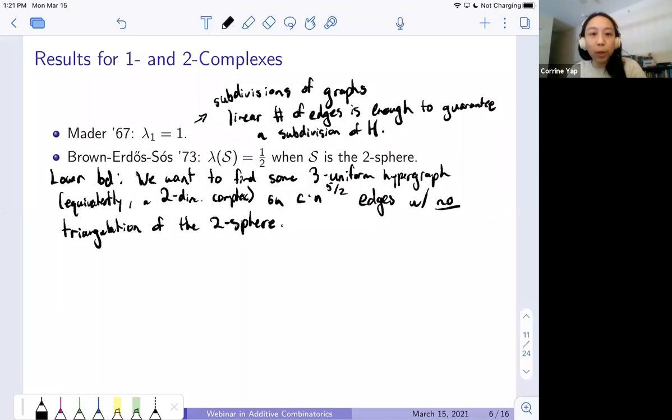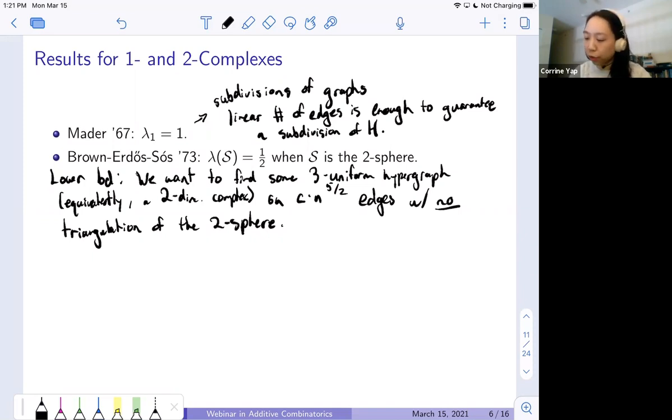We want to show that we can find some hypergraph that doesn't contain any homeomorph of the two-sphere, and we can think about that as triangulations of the two-sphere. So the lower bound involves constructing a very particular hypergraph.